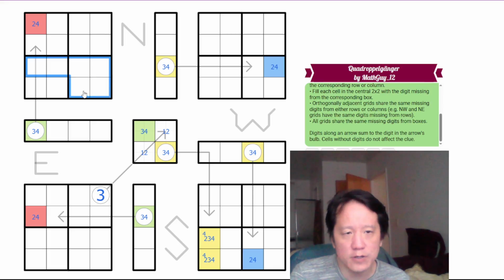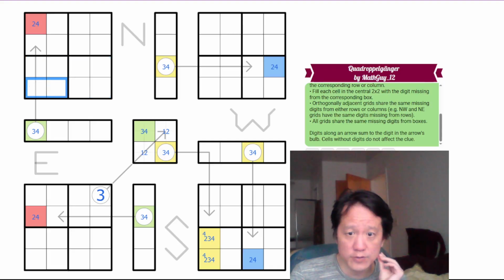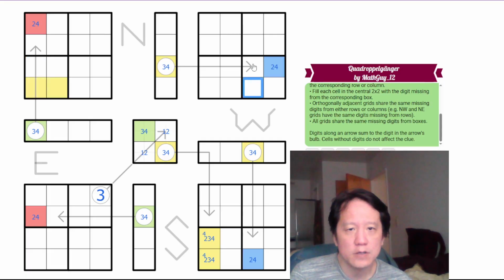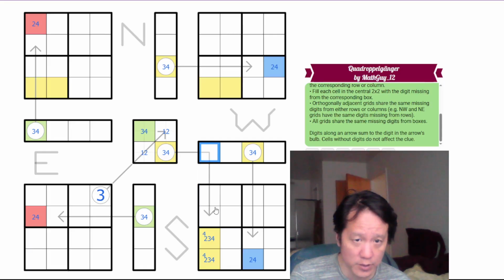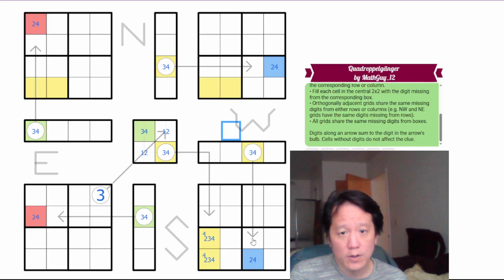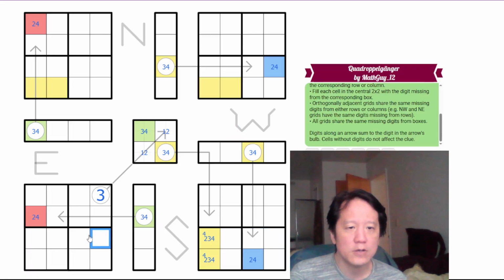Yellow is missing from here. So yellow has to be one of these two in box 1 of the grid. Yellow can't be here or here. Yellow's missing from the box, so yellow has to be one of these two. We are not missing yellow here. So therefore yellow has to be one of those two, or it could be any of these three here. Yellow's missing from here. Yellow's missing from here.